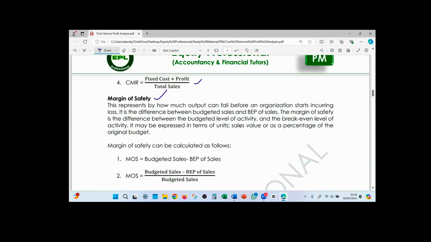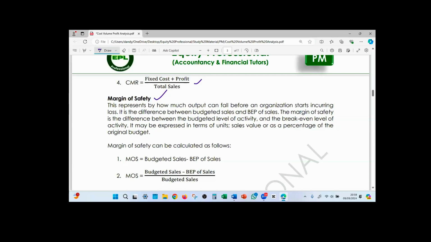Now, the margin of safety is similar to sensitivity analysis under risk and uncertainty. A company may want to know: what is the extent to which our output can fall before we begin to incur loss?